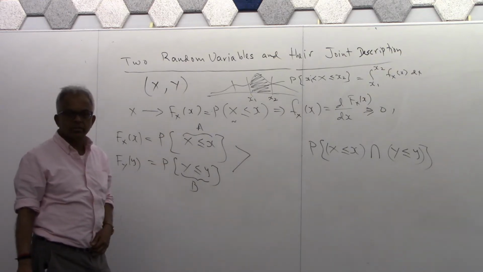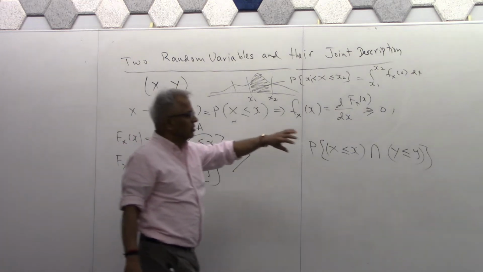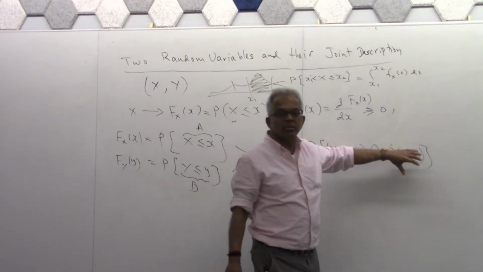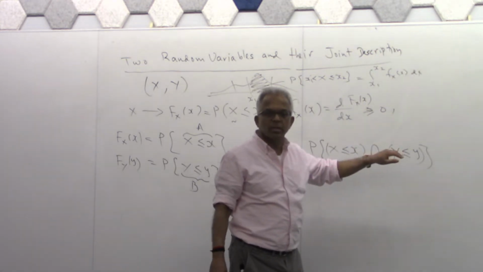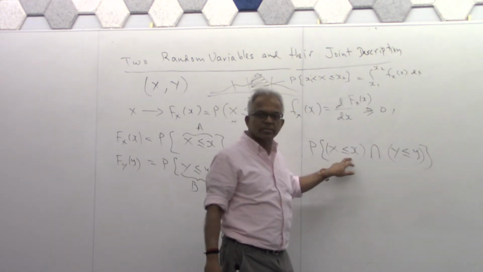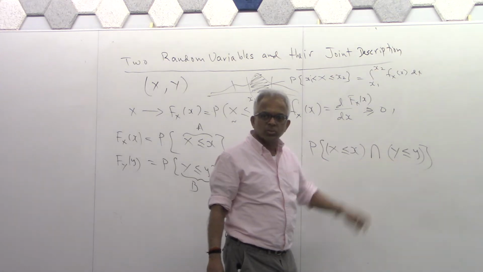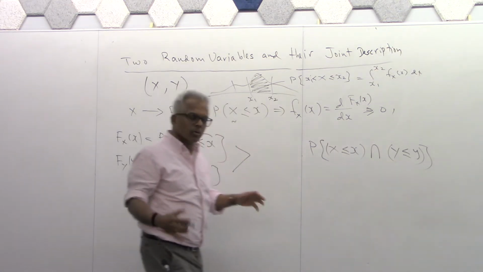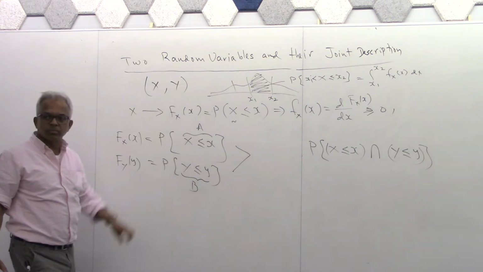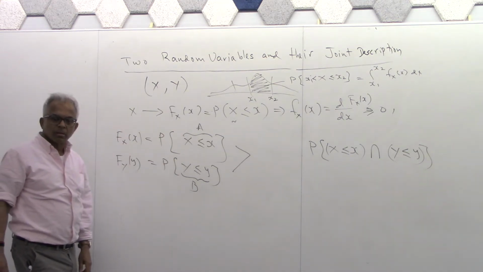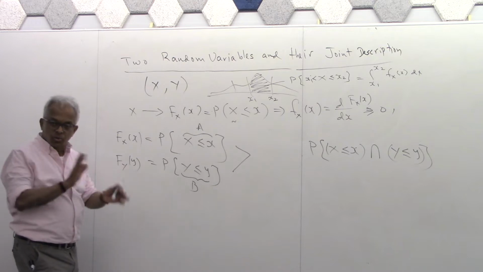We want this to happen and this to happen. So what is the probability of A intersection B? A deals with the random variable x and B deals with the random variable y, so we bring it in together. Here it's not the same thing; we are looking at each one of them separately. Whether there is a difference between the two, we will see.